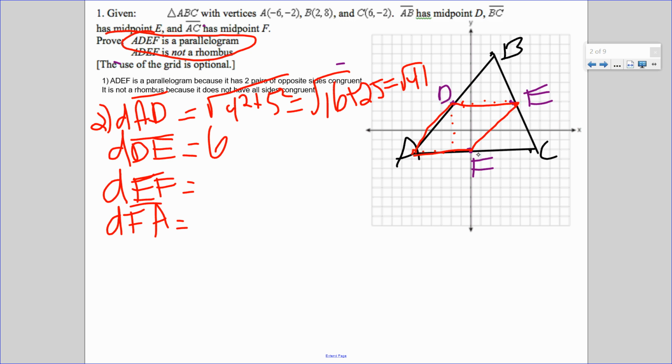EF, 1, 2, 3, 4, 5, 1, 2, 3, oops, 1, 2, 3, 4, 5, 1, 2, 3, 4. Something's not right. Oh.